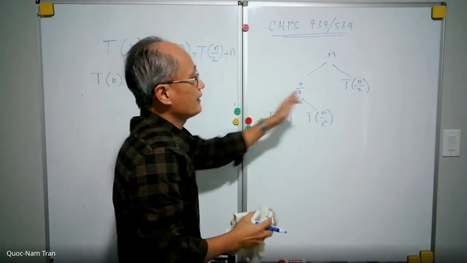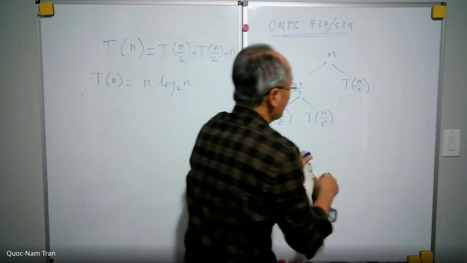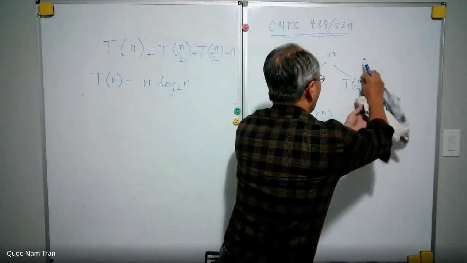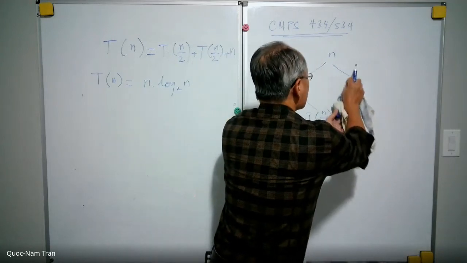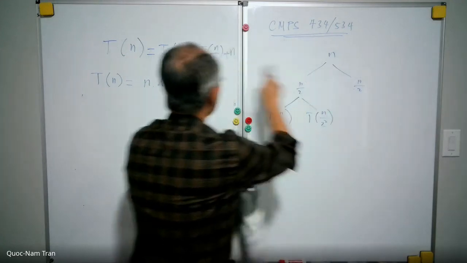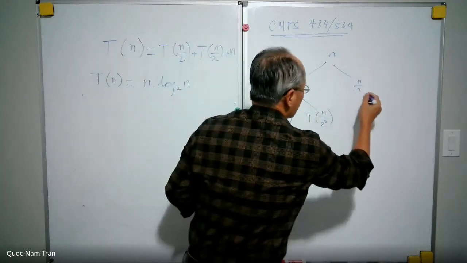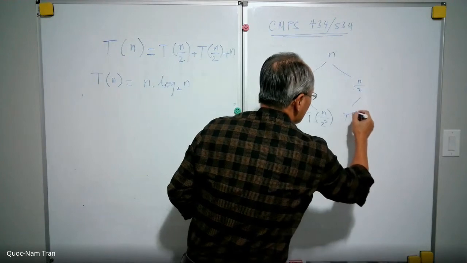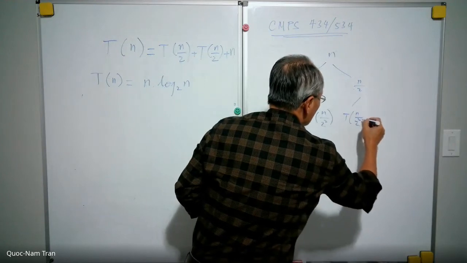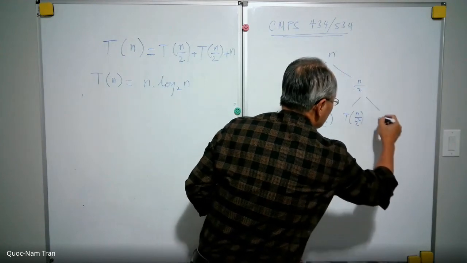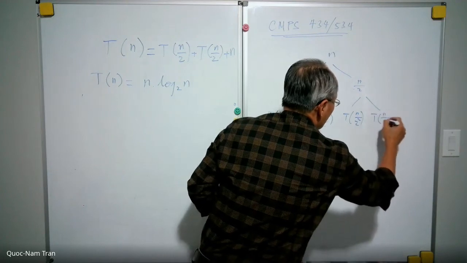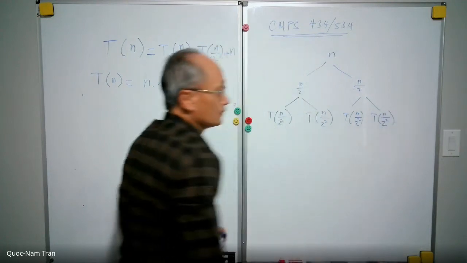So similarly, I will replace this one by the right-hand side again here. So I have n/2, and then here I have Tn divided by 2, okay? And then Tn divided by 2 divided by 2, right?